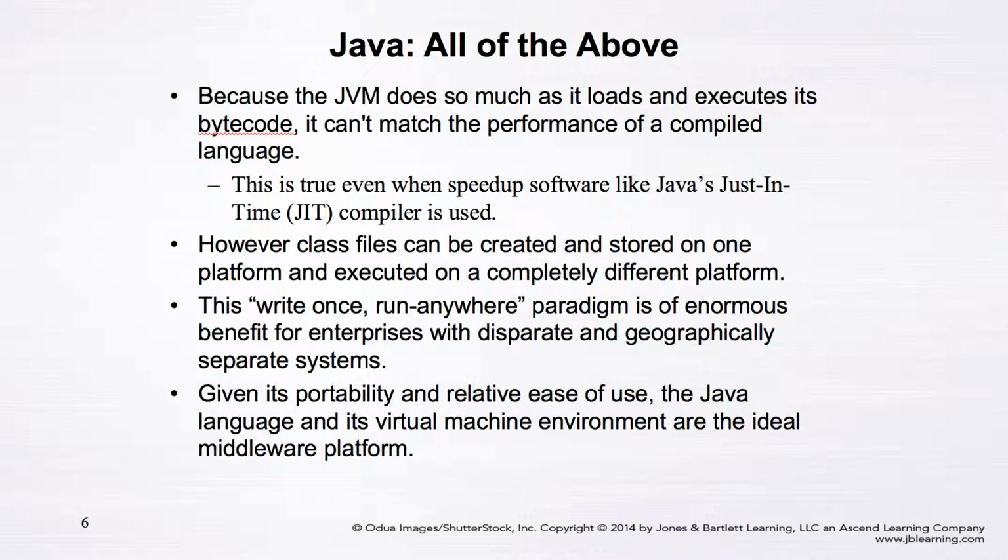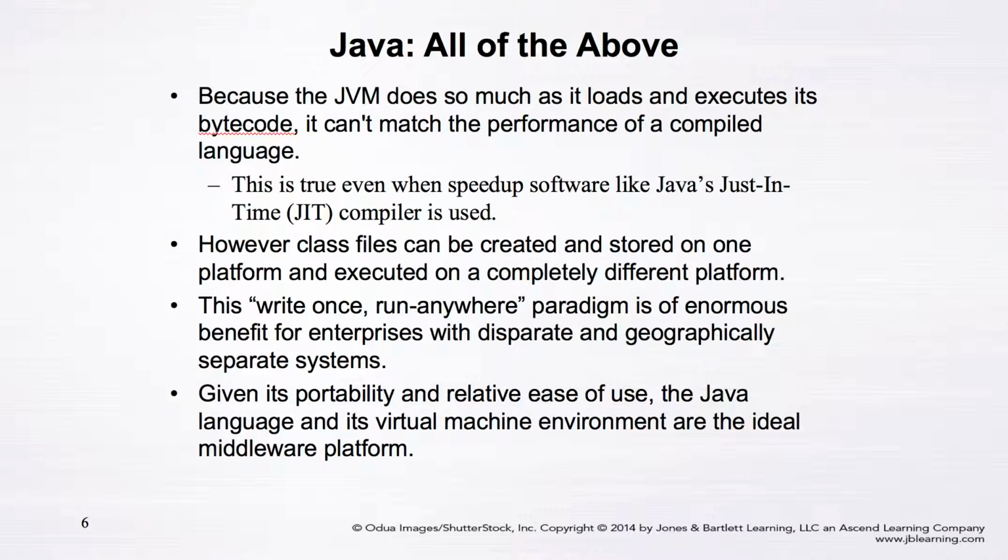However, the class file can be created and stored on one platform and executed on a completely different platform. That's the benefit of using the Java Virtual Machine. That's a paradigm we can call write once and run anywhere.